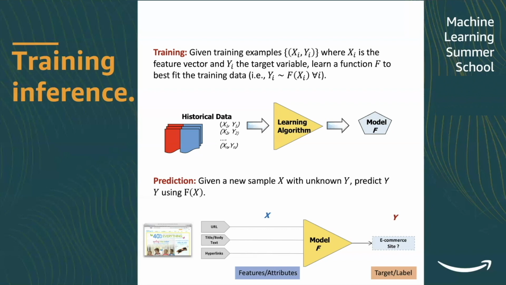The classes could range from 1 to, let's say, 100, if there are 100 different product categories and you're classifying into them. So depending on whether it is a classification problem where Y is discrete classes, or a regression problem if Y is a numerical number.